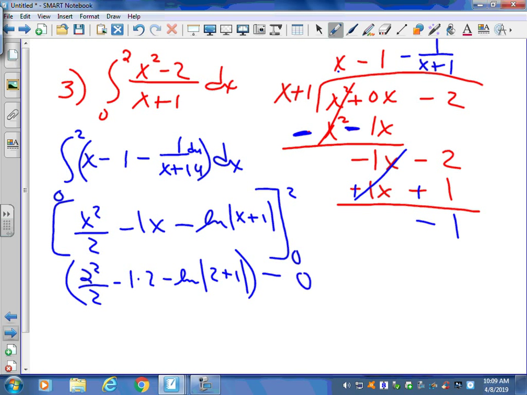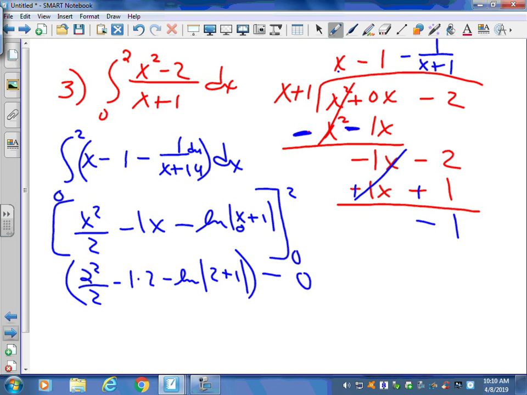Well, if you plug 0 in, 0 plus 1 is 1. Because ln of 1 is 0. No, I mean, you have 2 plus 1 right there. No, I'm talking about plugging in the second number in. Yeah. 2 plus 1. That's 3. What I'm getting at here is that I don't need to write the second one down because they're all 0. Okay, yeah, I'm sorry.